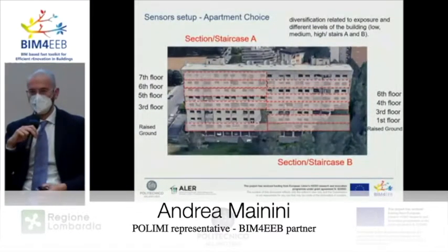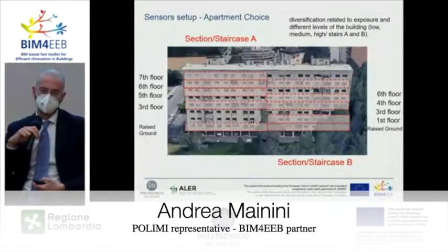So inside the volume, so to say, of the building, we have chosen some apartments that can really represent all the other, let's say, conditions describing the average behavior of the building. So once again, intermediate floors, top floors, ground floors. So you have different conditions, different orientations. This can be compared on a later stage.